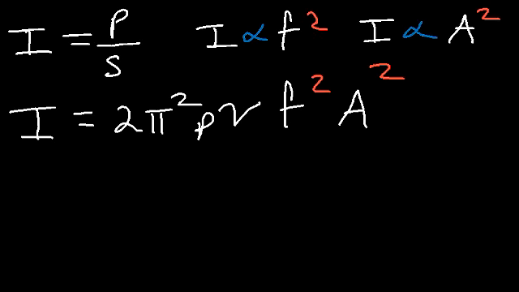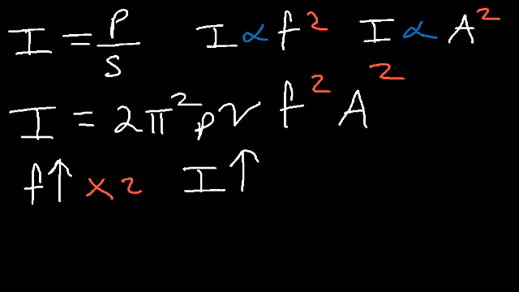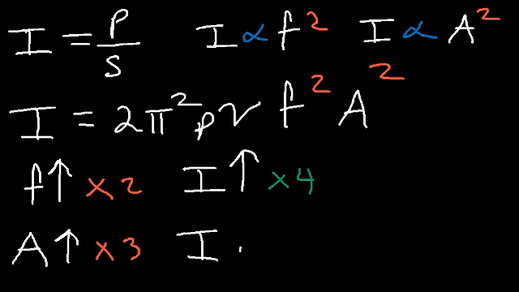So what this means is that if we increase the frequency, let's say by a factor of 2, because it's squared, the intensity will increase by a factor of 4. Now the same is true for the amplitude. If we increase the amplitude, let's say by a factor of 3, 3 squared is 9, so the intensity will increase by a factor of 9.